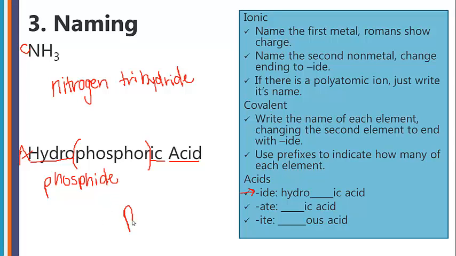So there's phosphorus. We have an element that has a charge of -3. And because this is an acid, it's going to start with H, and the charge on H is +1. So I need 3 hydrogens to balance out this -3. So that gives me +3, which balances out the -3 in the phosphorus. So my formula is just H3P, hydrophosphoric acid.